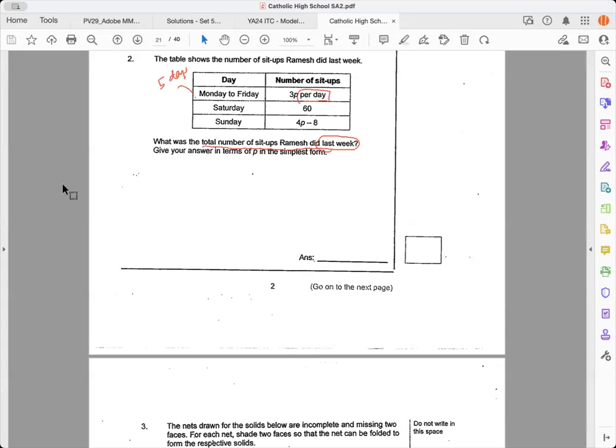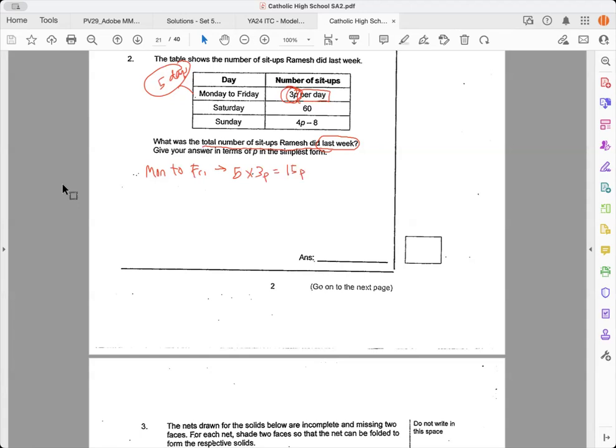So Monday to Friday, you have 5 days and 3p per day. Altogether, Ramesh did 5 days multiplied by 3p per day, which is 15p sit-ups.